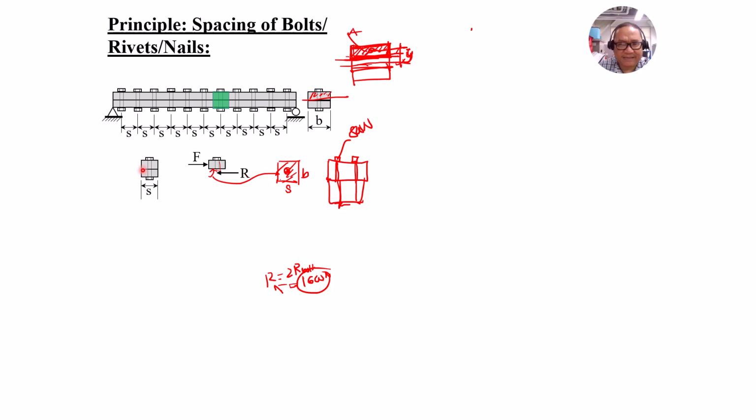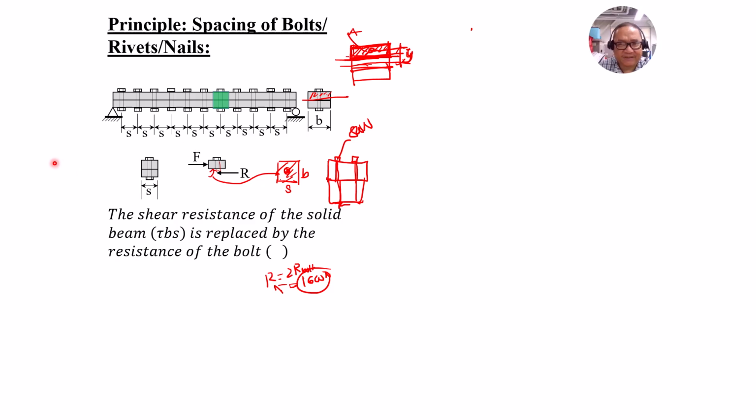So R is the shear resistance of the bolt, the nail or rivet. So the shear resistance of the solid beam, which is equal to shear stress if this happens to be a solid beam, is equated to this shear resistance of the bolt or nail or rivet.